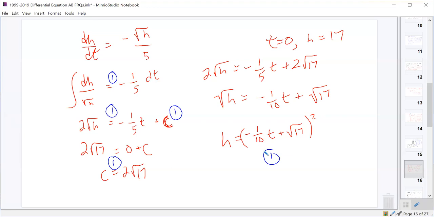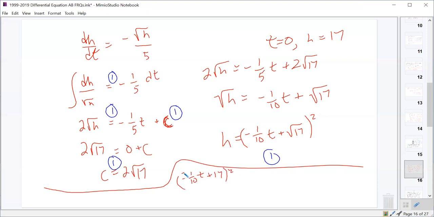We feeling pretty good about these overall? Part D then said, when is the pot empty? So that'd be when is h 0? So when does negative 1/10 t plus root 17 squared equal 0? Well, that'd be when negative 1/10 t plus root 17 equals 0.